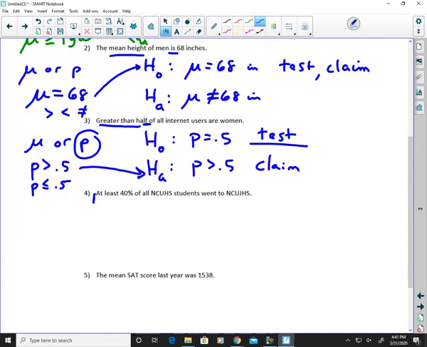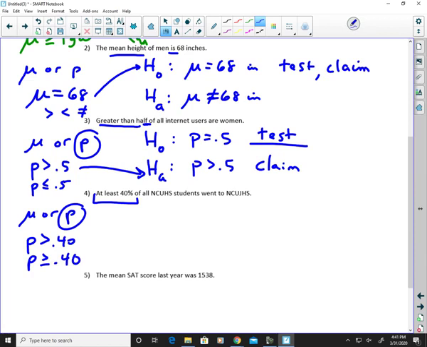Okay, at least. So is at least 40%? Is that means or is that proportions? And what does at least 40 mean? If I say bring at least $40, you would be okay if you brought $40. So when I think of the proportion and I'm trying to decide, is it this or is it testing the second version, greater than or equal to?